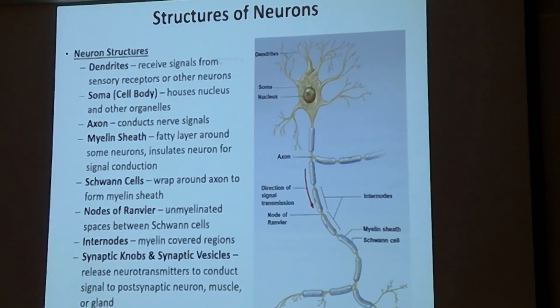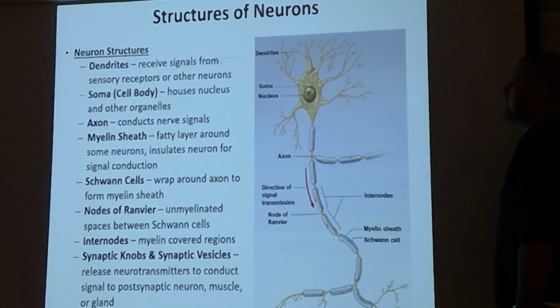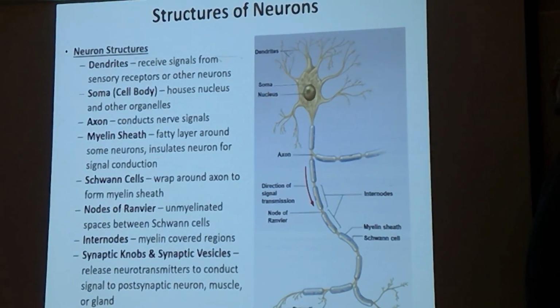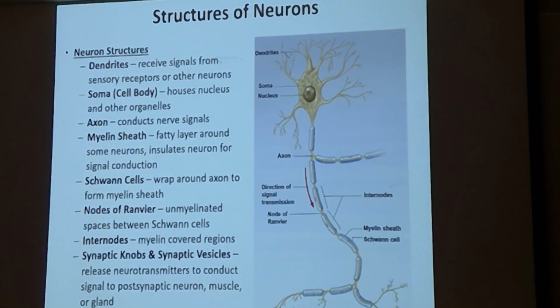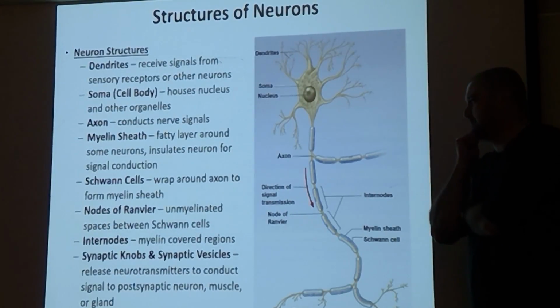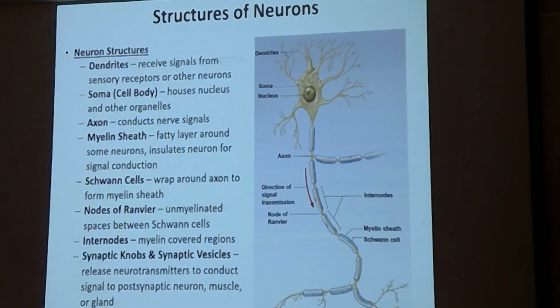So, neuron structures. Dendrites receive the signals from the sensory receptors or other neurons. The soma, or the body, houses the nucleus and the other organelles required for work. The axon conducts that signal. The myelin sheath is made of Schwann cells that insulate the neuron for signal conduction. The nodes are the unmyelinated spaces between the Schwann cells, and we'll see why the nodes have to be there.